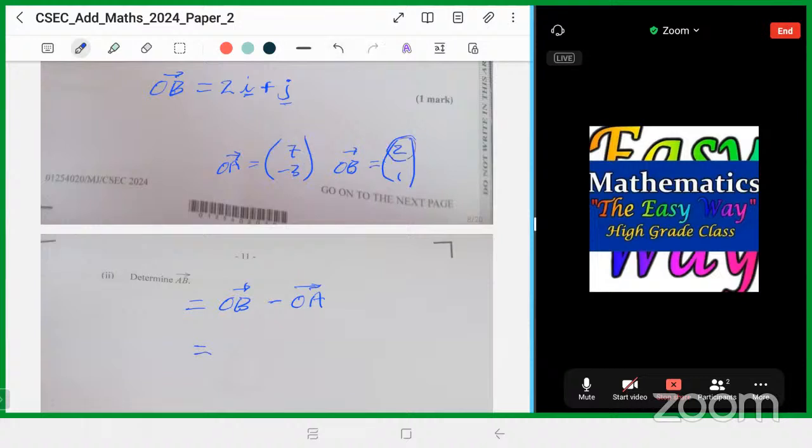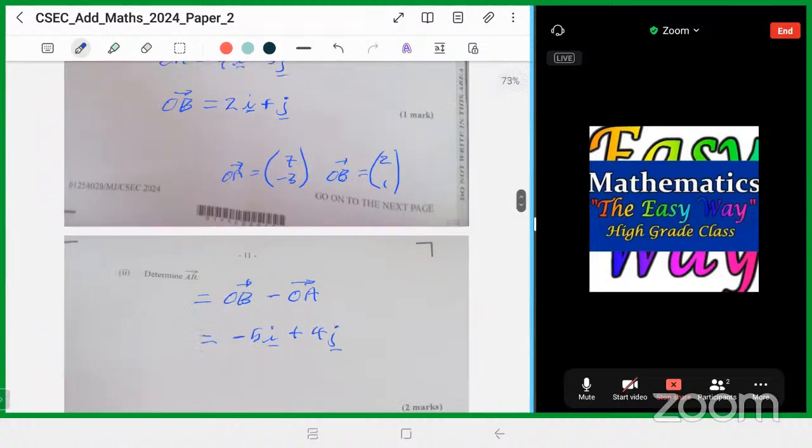So it will be 2 minus 7, which is negative 5, so that becomes negative 5i. And 1 minus a negative 3, because I'm doing OB minus OA. That's the last minus the first. So it's 1 minus a negative 3, which becomes positive 4, since minus a negative is plus. So it's plus 4j. That becomes our vector AB right there.